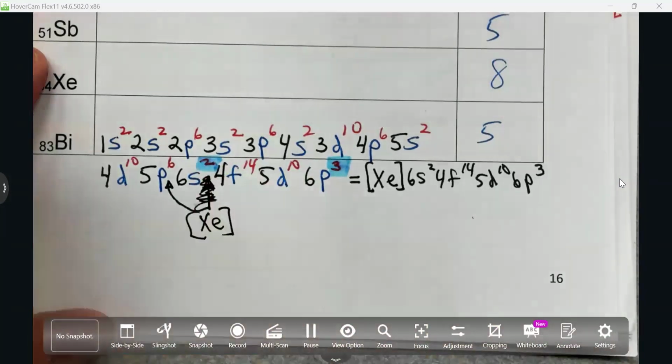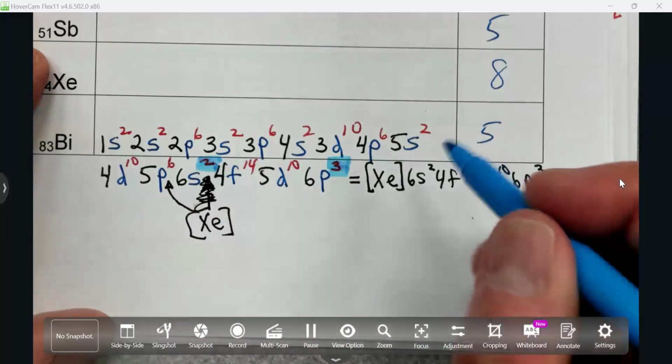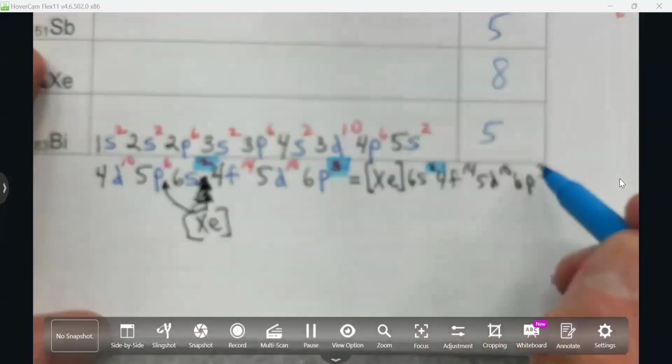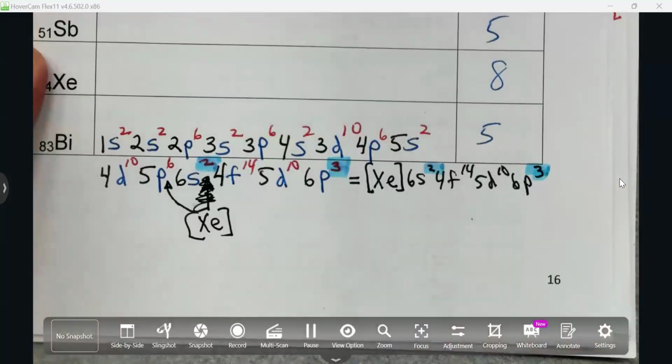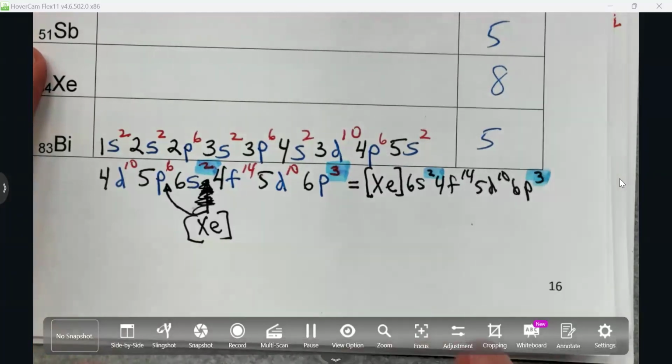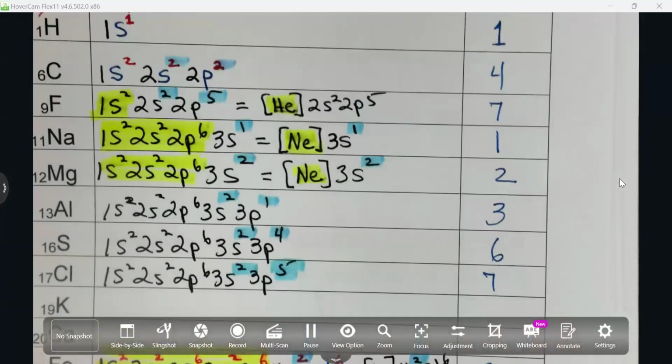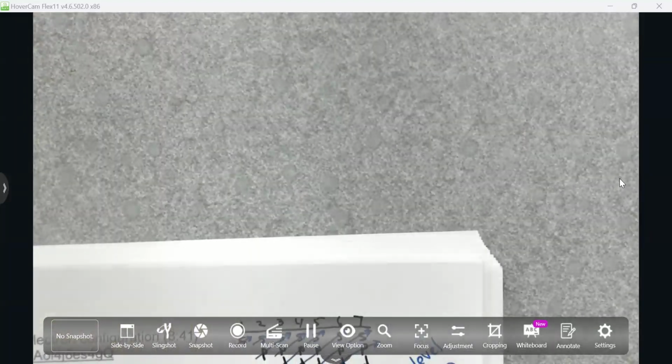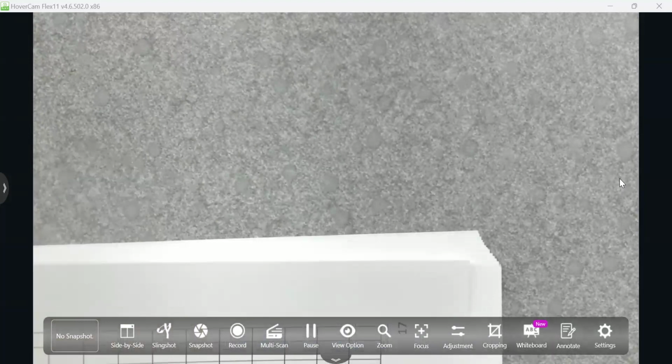Right there, or if it's written like this, right here. So again, valence electrons should match the group number. Group 1, 1 valence electron. Group 2, 2. Group 13, 3, 14, 4, and so on.